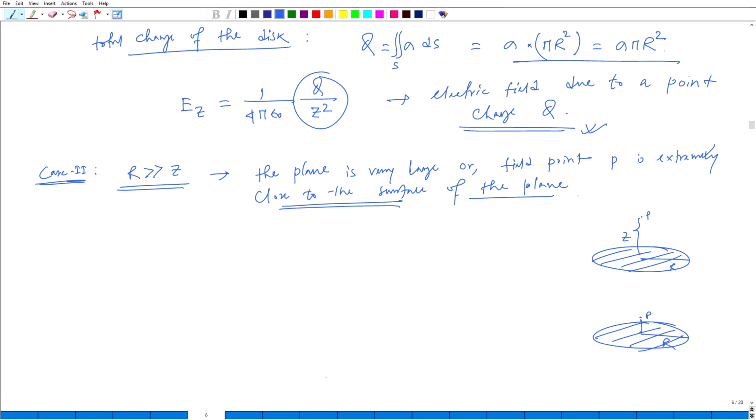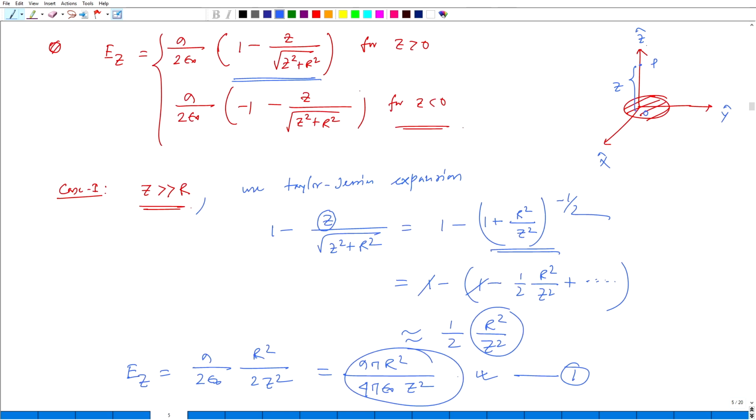The electric field in this limit, using vector notation, E vector becomes sigma over 2 epsilon naught k cap, where k cap is the unit vector in the z direction; this one is i cap and this one is j cap.